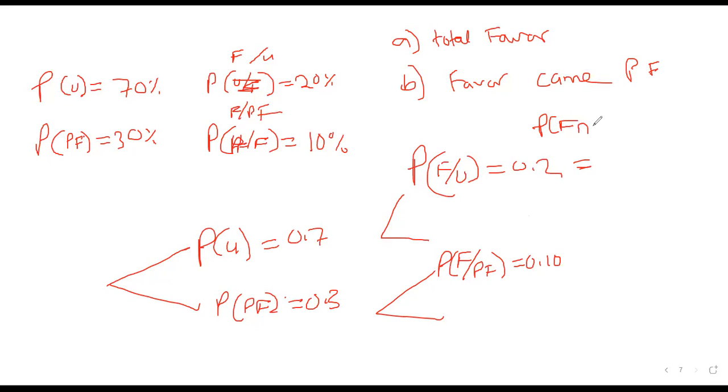So when we apply this one by that one, we're finding the probability of what? Favor intersection UPND. What are we getting here? 0.14. When we apply PF and this one here, we're going to have favor intersection PF. This is 0.03.